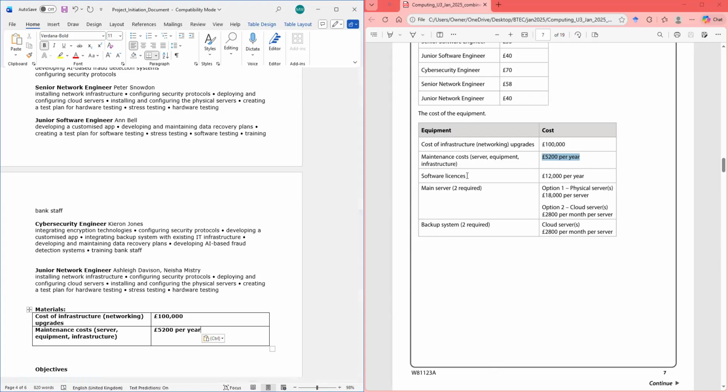Then we're going to do software license. I use the physical server, so I'm going to do two of these.